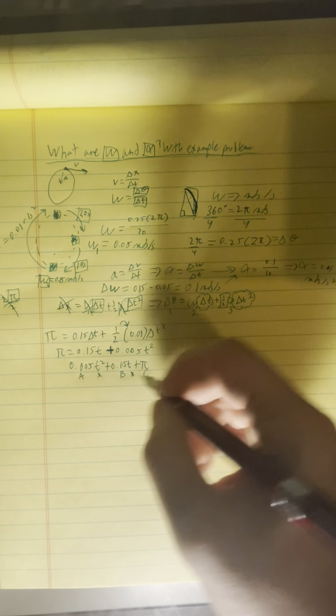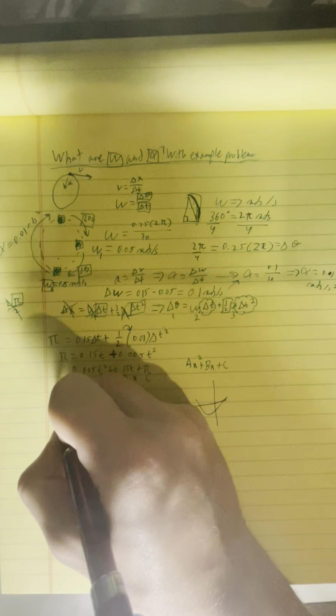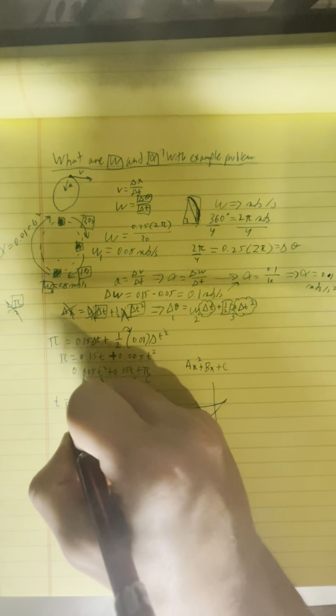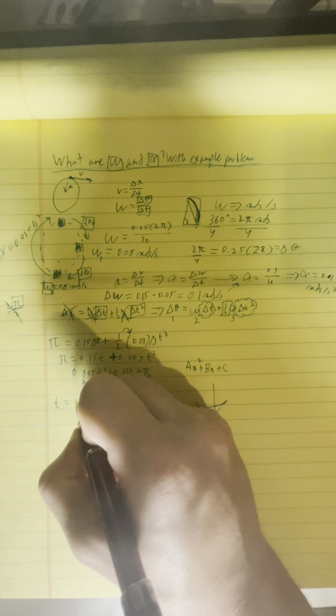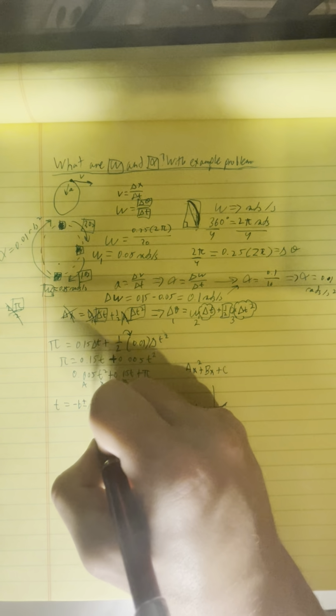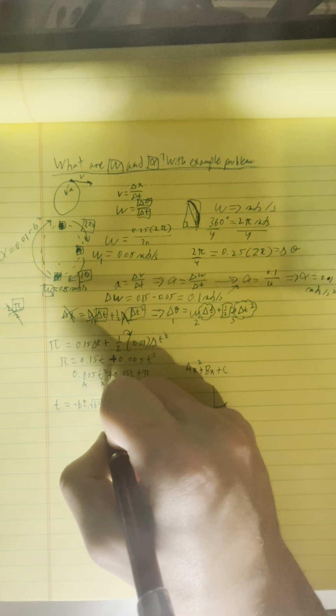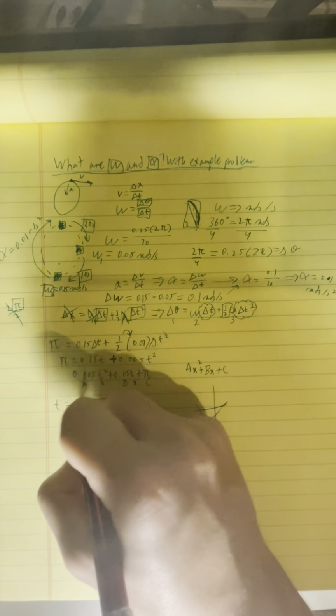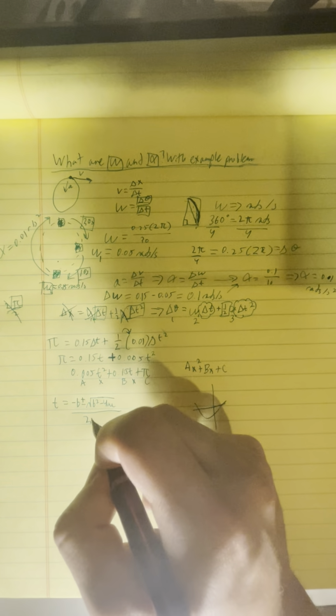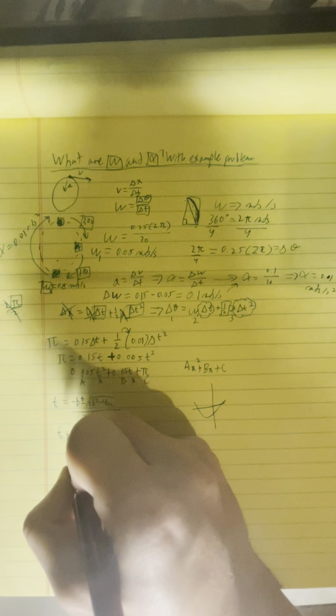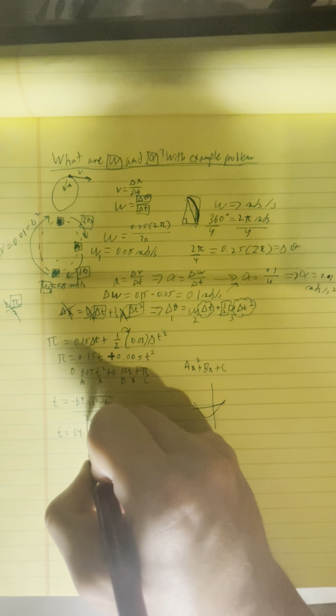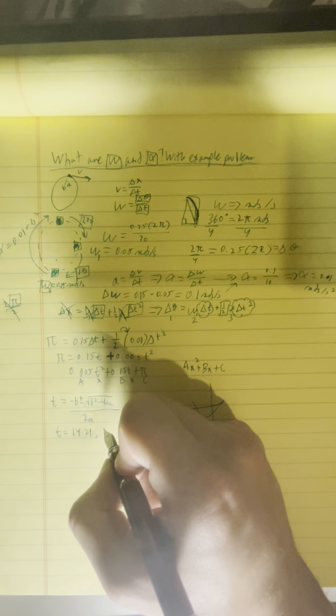And so we can solve for it using the quadratic formula. Here I'm going to just adjust x to t. So t is equal to negative b plus or minus the square root of b squared minus 4ac all over 2a. Now, I already solved this, and I got t is equal to 14.21 and negative 44.21.